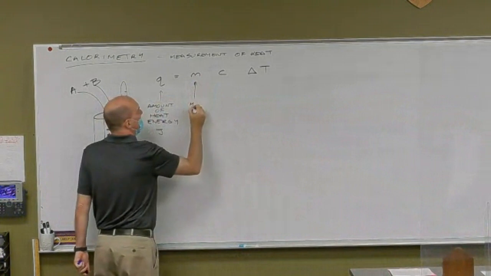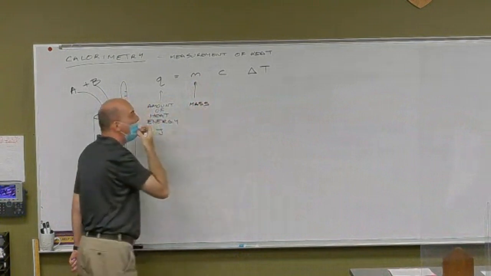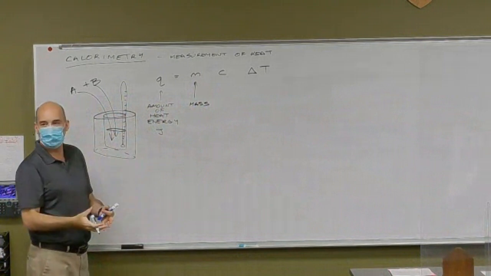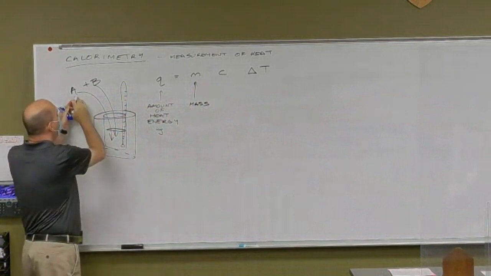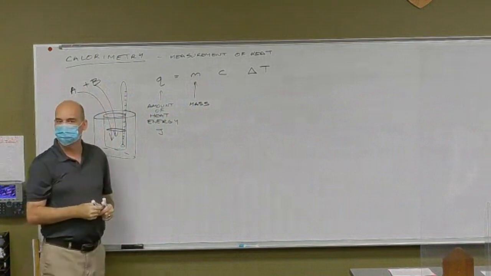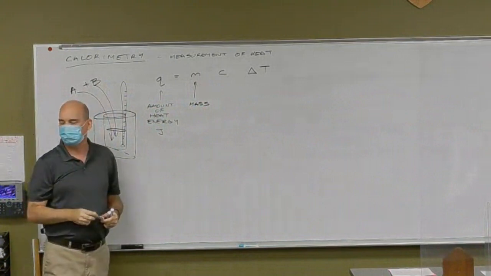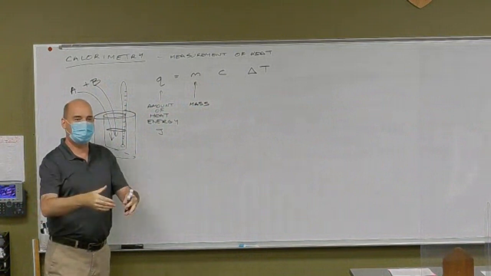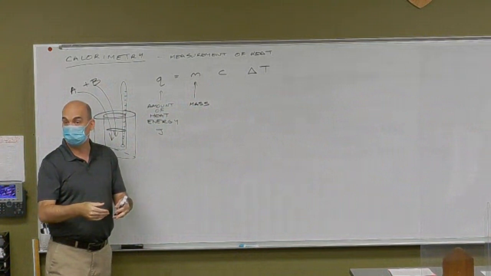M is the mass of the whole reaction. It's the combined mass of A and B. Now, A and B are probably solutions. So we probably administered them into this calorimeter as volumes.